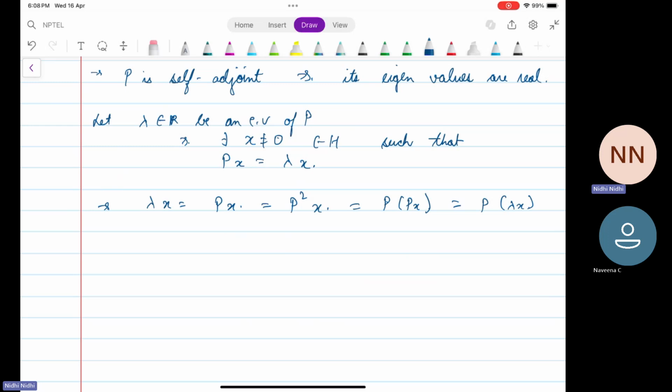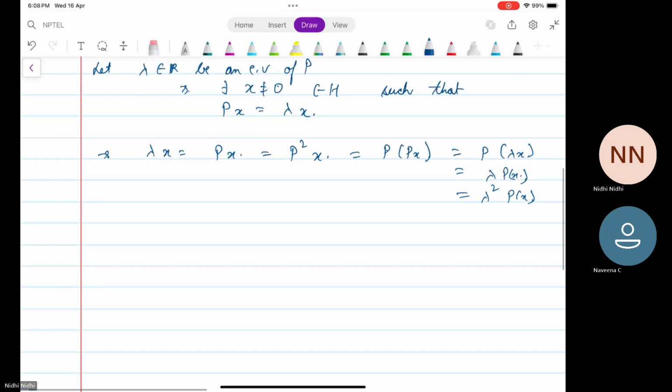Now since P is linear, this lambda will come outside, lambda times Px. And again, since Px is equal to lambda x, this is lambda square x. Therefore, we get lambda x is equal to lambda square x. Let's mark this as 2.